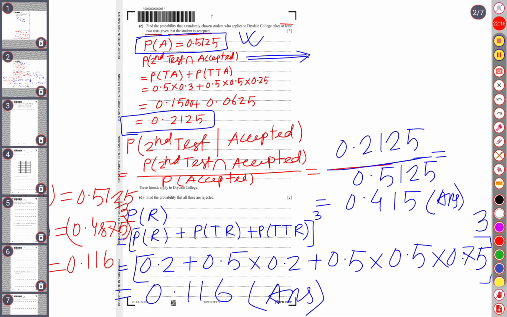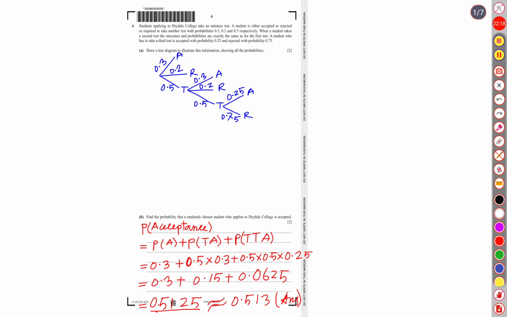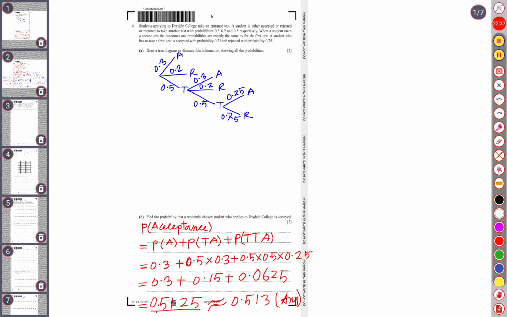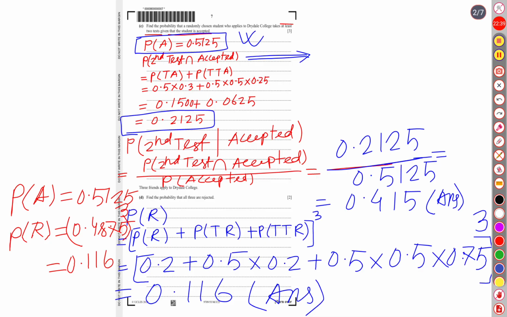That's all about the solution to all of the parts of this question. First one was tree diagram, second one was acceptability. For acceptability there are three possibilities, because first time retest, second also retest, and third time he might be accepted. And for question C, it is the most important question. It is given that, and I have already explained how to do this.